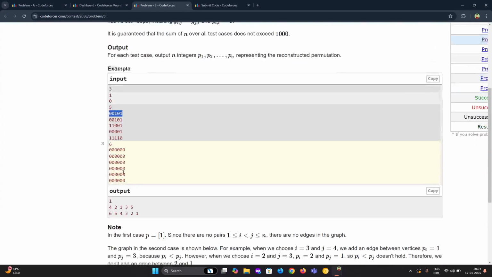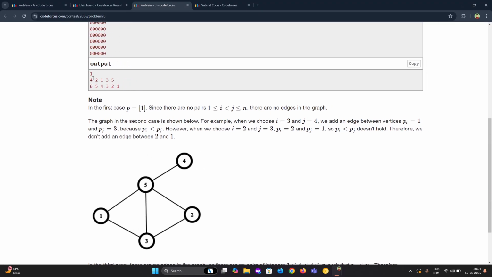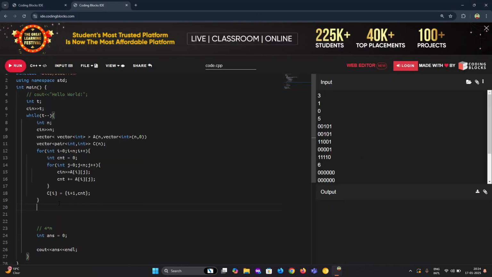So here 1 was connected with 2 people, and 4 was connected with the least people, so we're going to sort it based on this. So count comma i plus 1, and that's a problem because I don't want to write my own sorting function.